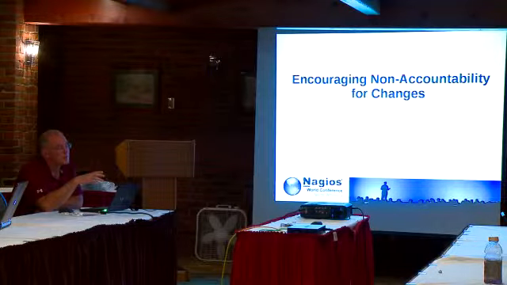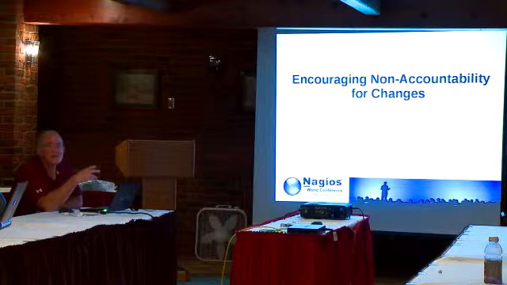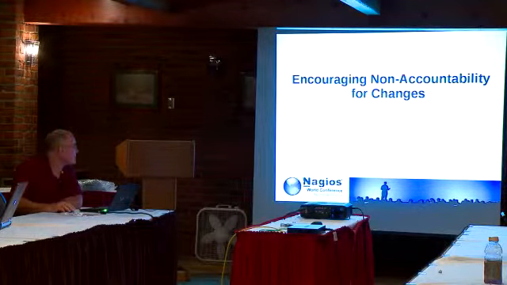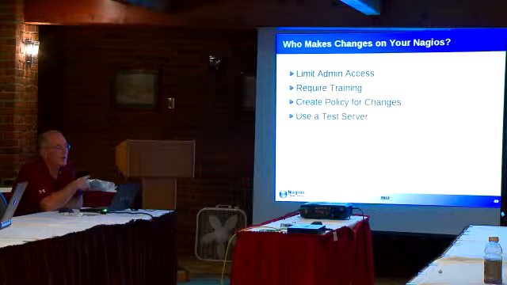The problem was this was Nagios XI. So they hosed their Nagios XI because they were experimenting over the weekend. So this is the kind of thing that you want to do something about. You've got to get a handle on this. Again, the Bobs, don't give them access. You're going to have to control access on your Nagios server.